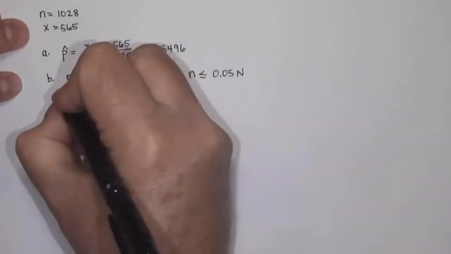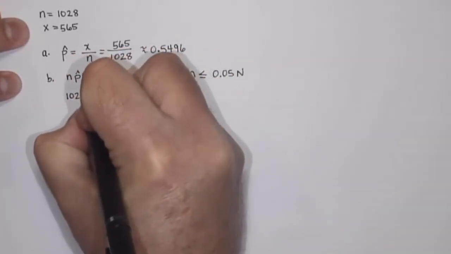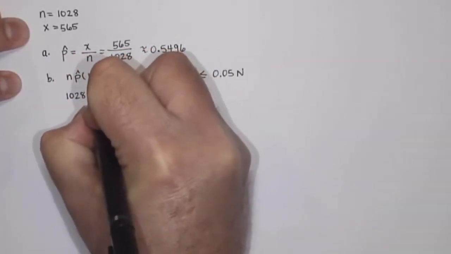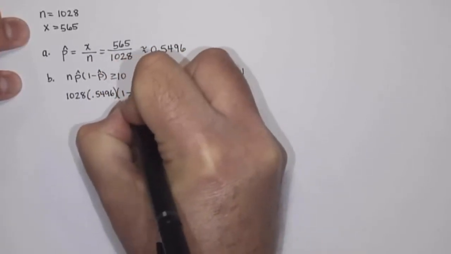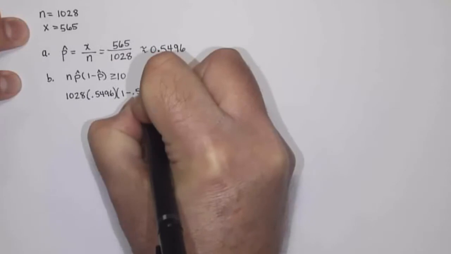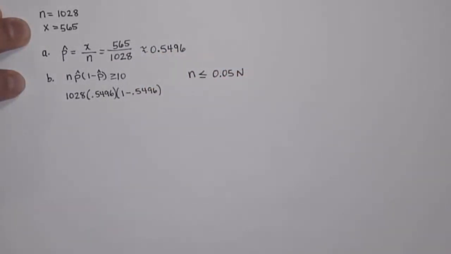So in this case, our sample size was 1,028, and p hat was 0.5496, and so 1 minus 0.5496 we're going to find as well.